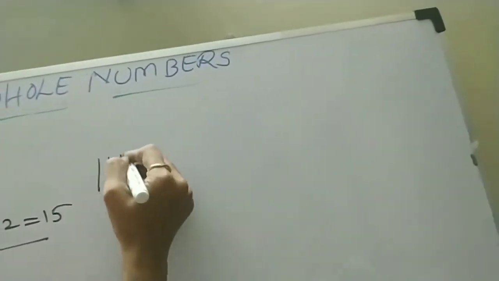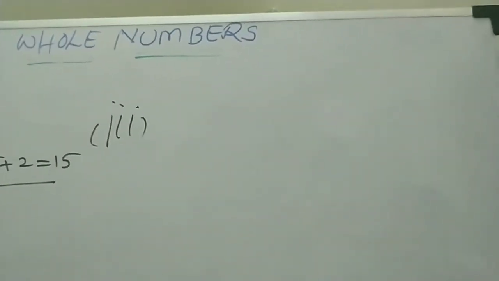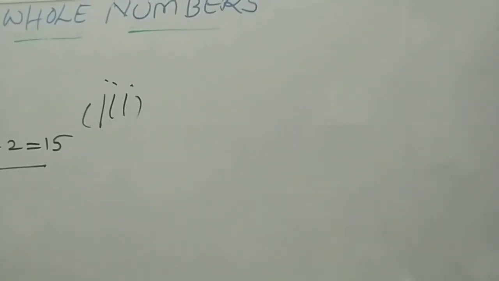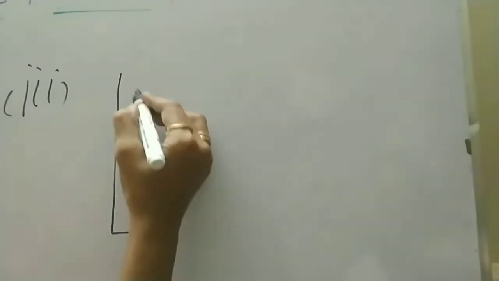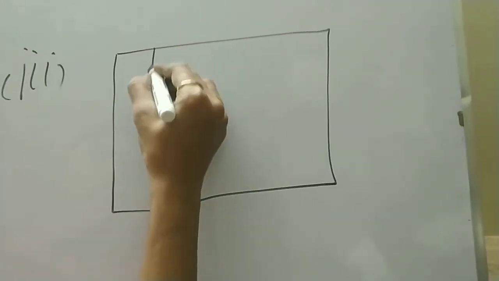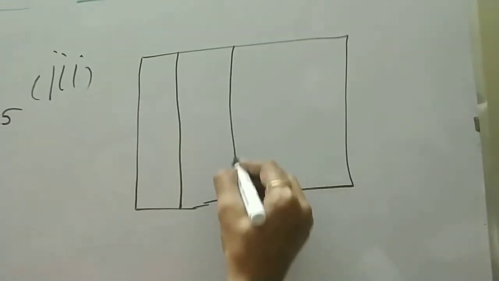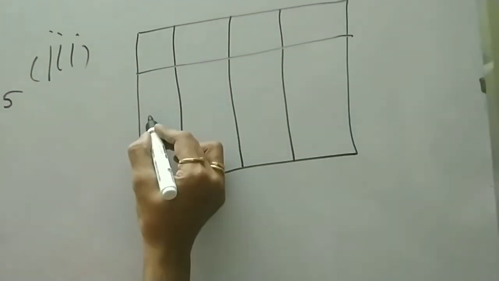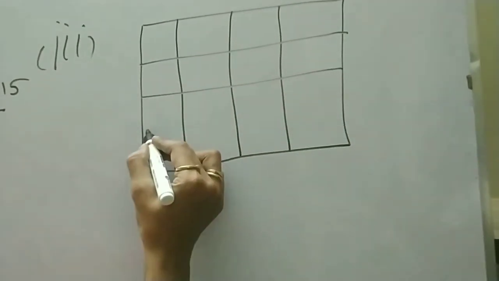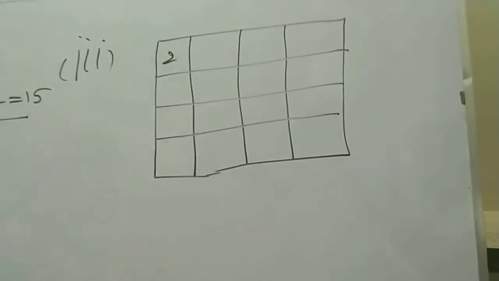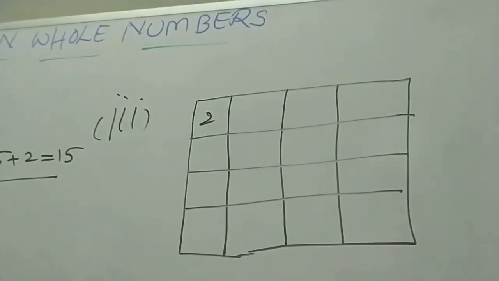And see the next one. Here they have given one pattern, this 4 by 4. The numbers are 2, 15, 16.